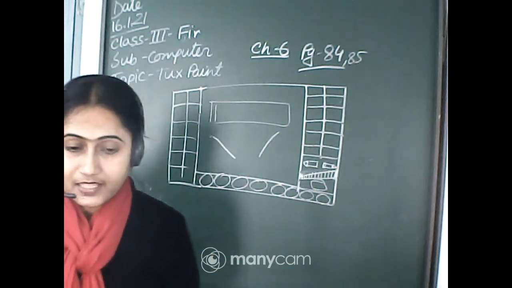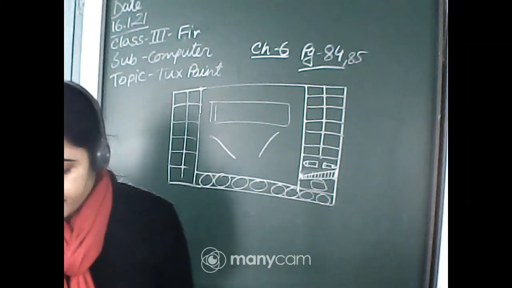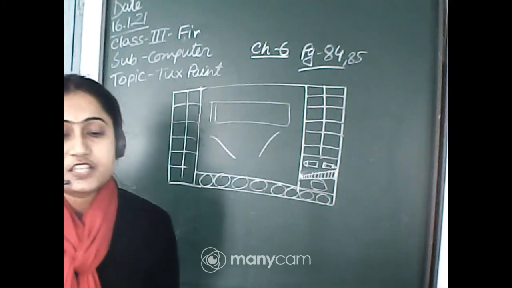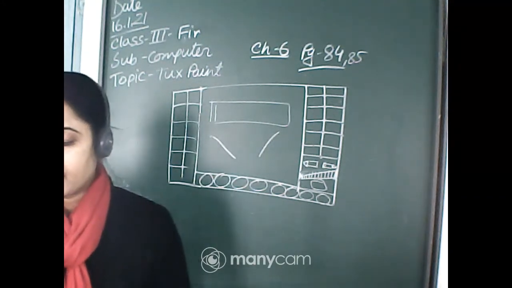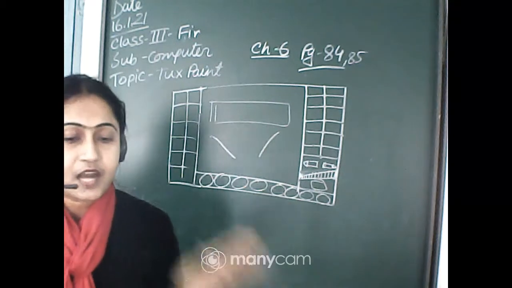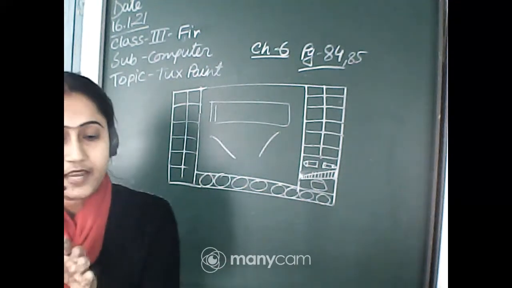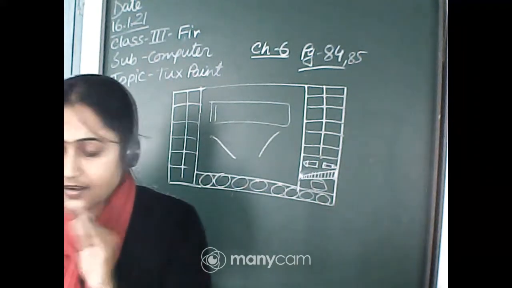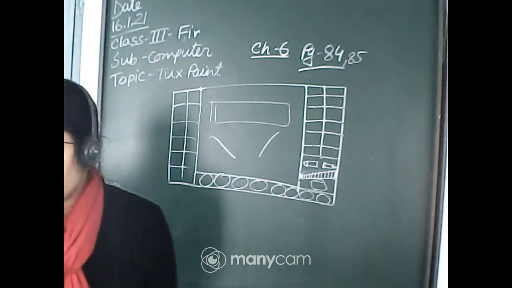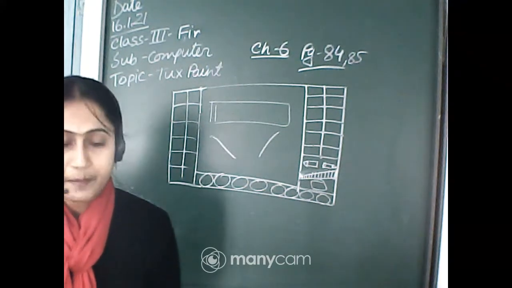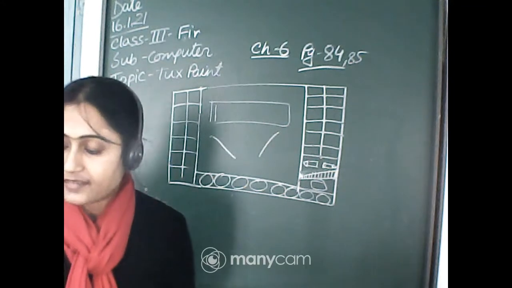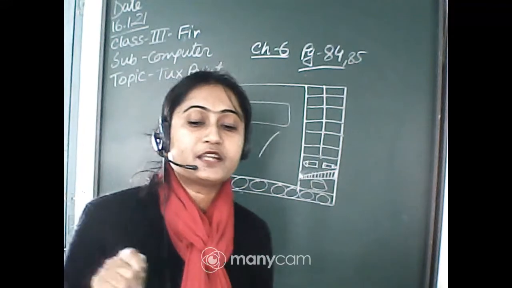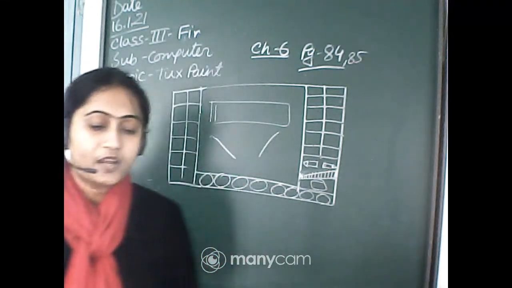But on the other hand, while using the line tool you will see only a straight line from the starting point to the ending point. You cannot see the image. That is the only difference between the pen tool and the line tool. The pattern appears only after you complete the line and release the mouse button. Until you release the mouse button, you cannot see the image of that particular line.